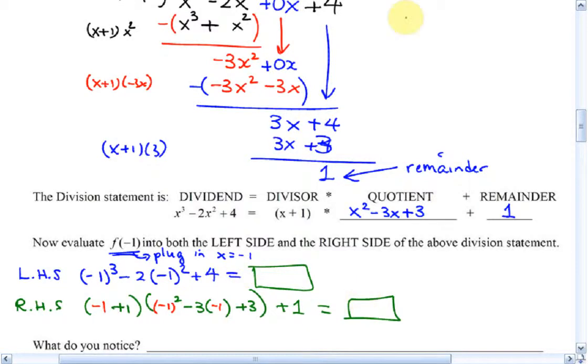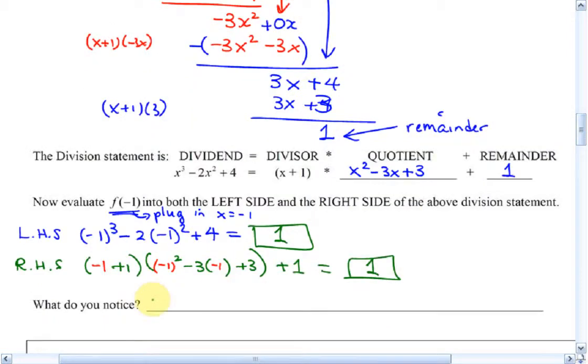The left side and the right side: 1 and 1. So yes, the left-hand side equals the right-hand side. But what else does this equal? What's the 1? Yeah, which also equals the remainder.